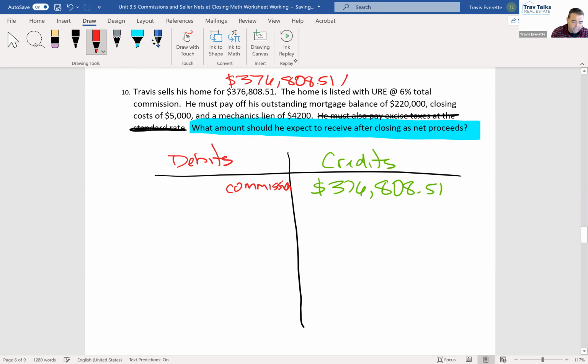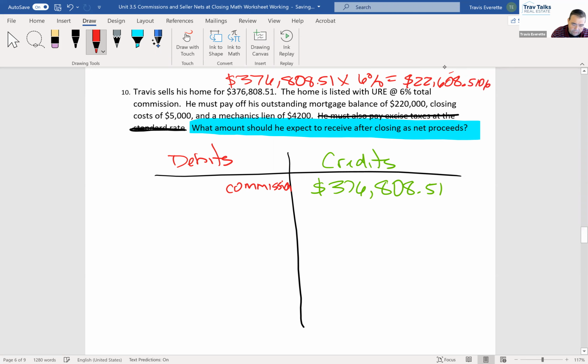376,808.51 times 6% for the commission. I come up with 22,608 and about 51 cents.